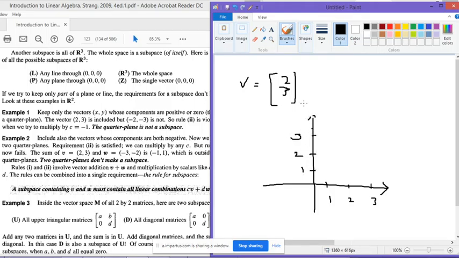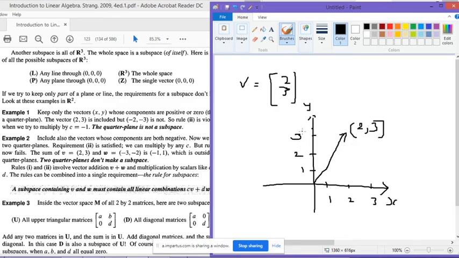So this is our y and this is x. In this example it is given as 2, 3. So the vector starts at the origin, its tail is at the origin, and its head points to 2, 3.